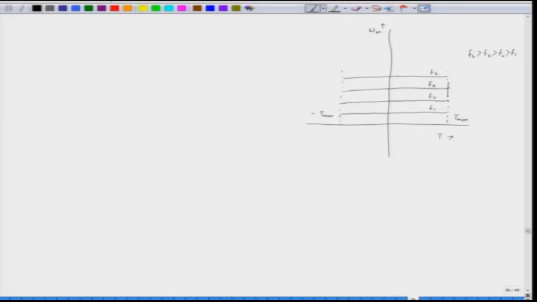Let us say this is our rated speed. So, we reach the rated speed here. After we reach the rated speed, we do not keep V by F constant. With the increase of frequency, we keep the voltage constant. That leads to a reduction of the peak torque.